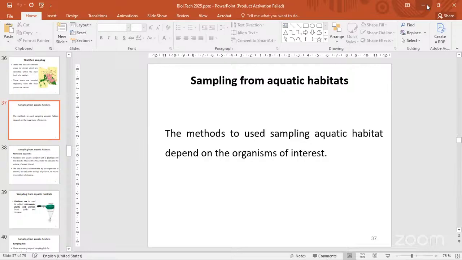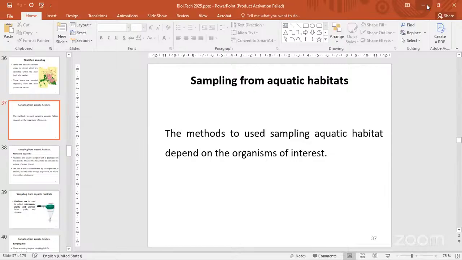After that, we came to talk about sampling from aquatic habitats. All those sampling methods that we talked about previously can only be used in terrestrial habitat. What about aquatic habitat? We also started that one.